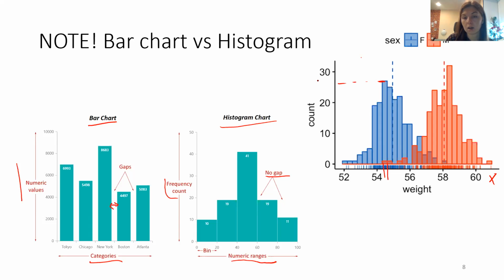So don't forget that a histogram represents the density of how many observations we have in some range. Here we have some parameter and value counts, the number of observations in this range. You may also see these vertical lines here.